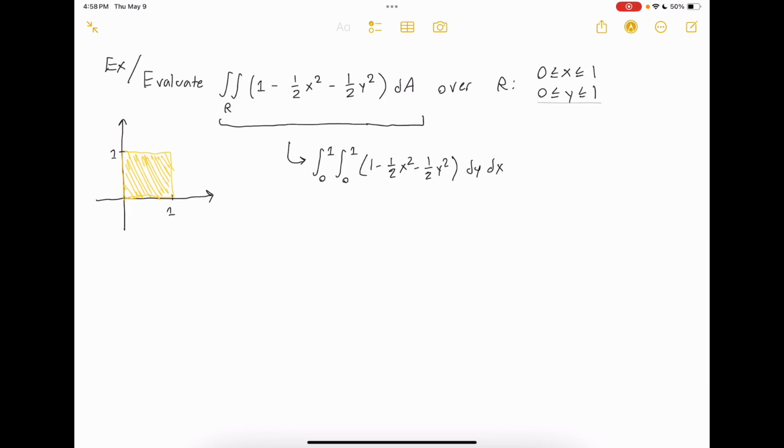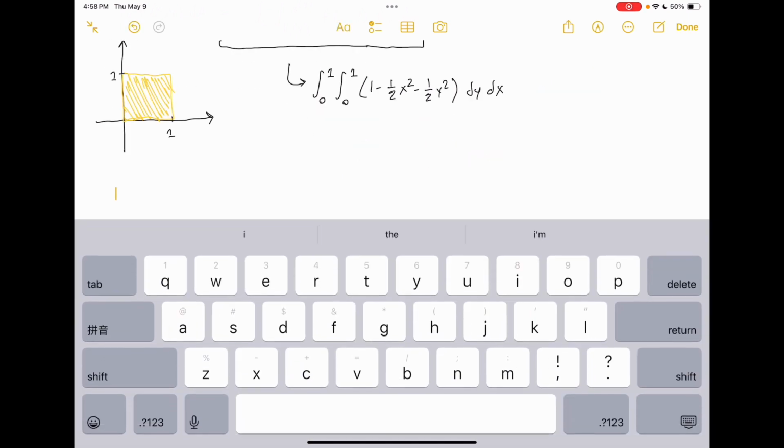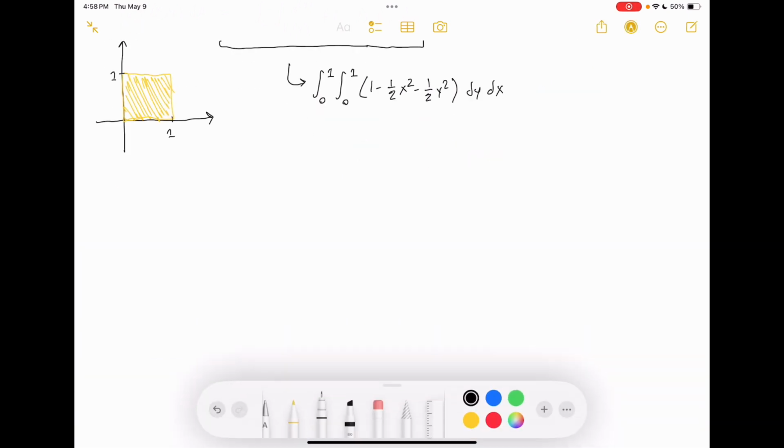So we're gonna start off with this, and we're just gonna evaluate this the standard way that we did last chapter. Now, we're going to plug in our first integral, and we're just going to integrate this inner function with respect to y. And when we get there, we're going to keep this first integral aside as before, and we're going to get 1 minus 1/2 x squared y minus y to the third over 6.